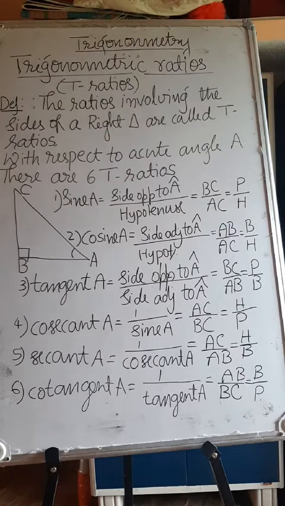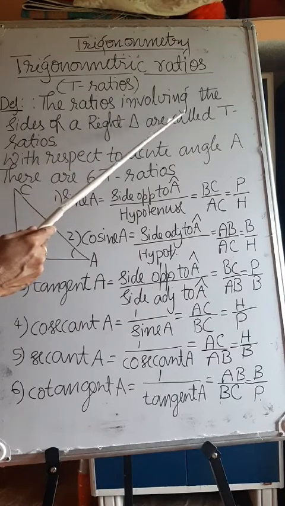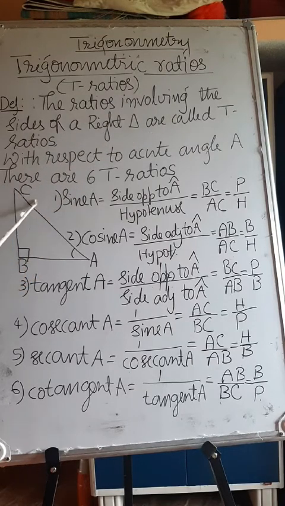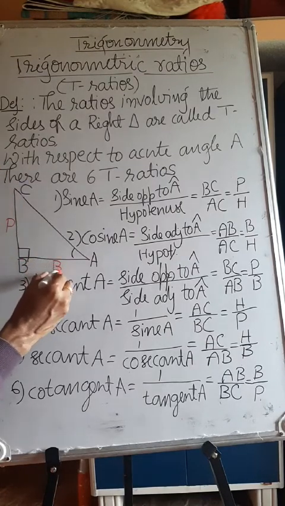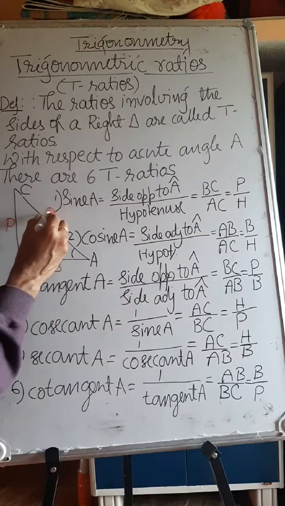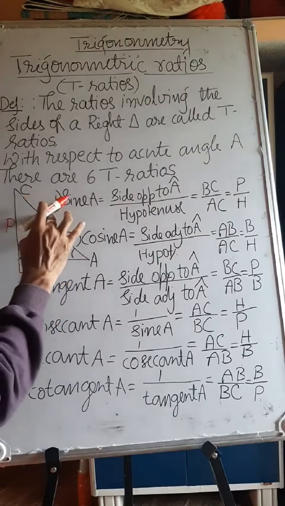What is the definition of trigonometric ratios or T ratios? The ratios involving the sides of a right triangle are called trigonometric ratios. Once again, I am repeating, the ratios involving the sides of a right triangle are called trigonometric ratios.